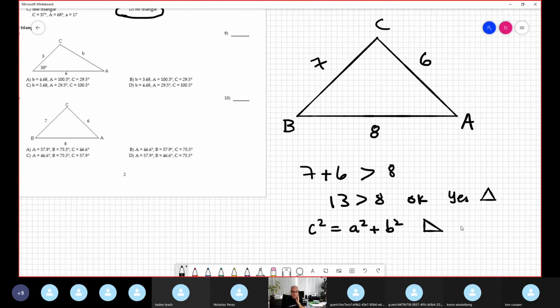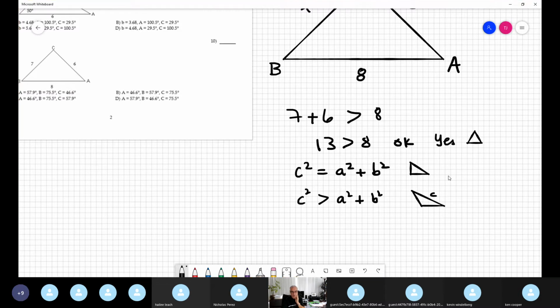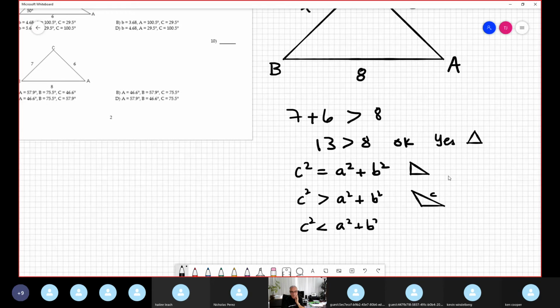However, if C squared, the hypothetical hypotenuse, is greater than that, it's obtuse. I assume that C is the bigger side, right? And if C squared is smaller, it's acute. Like this example, let me check it. This is extra.